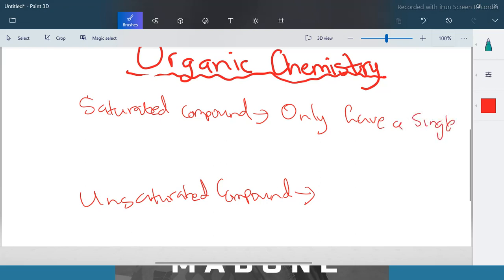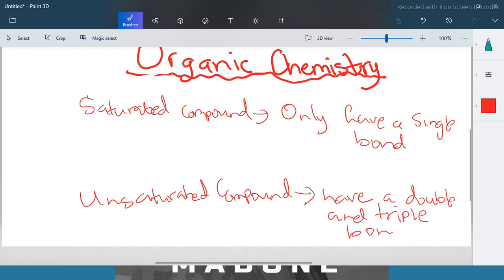An unsaturated compound is one that has a double or triple bond. You are most likely to find a question like this, so they might ask you to define this.